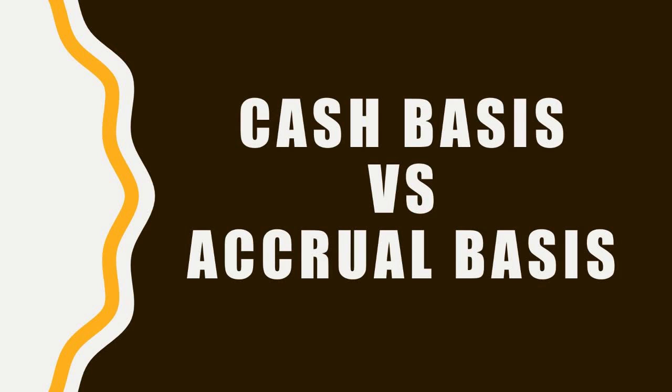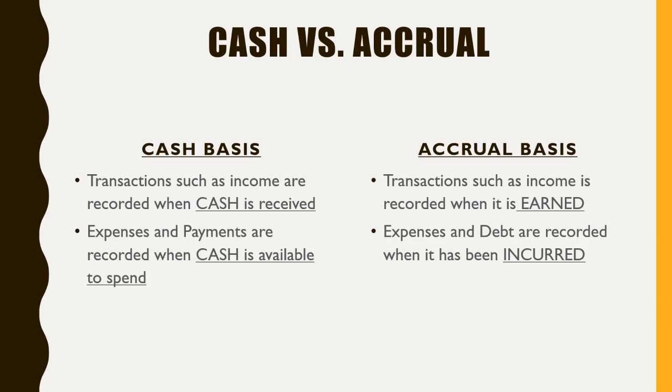We touched bases on this very briefly in chapter 1, and I think again in chapter 3. The difference between the two is that if you are a cash basis, you're only going to recognize revenues when cash is received, and you're only going to recognize expenses when cash leaves your hand, or when it's actually available to spend.